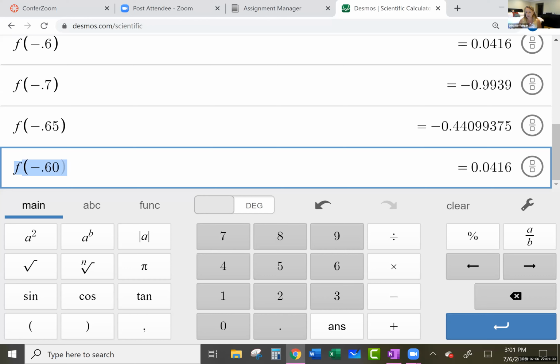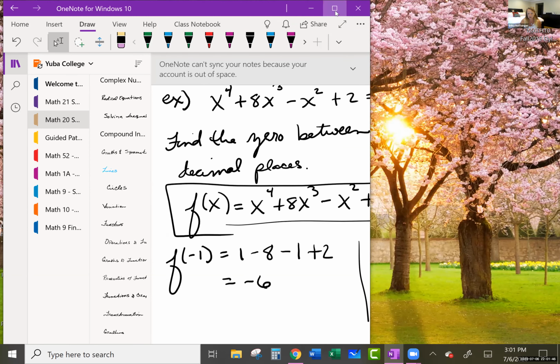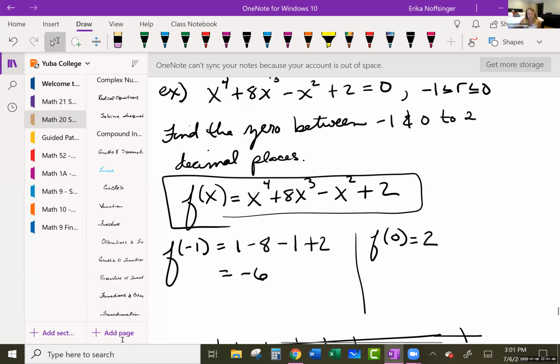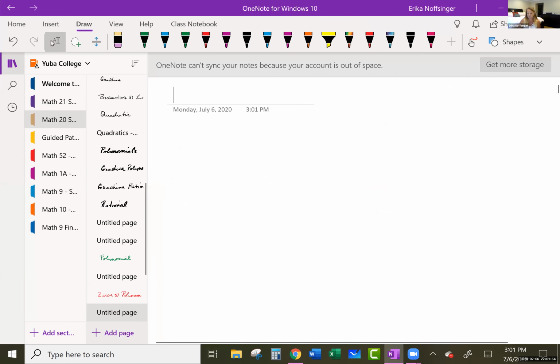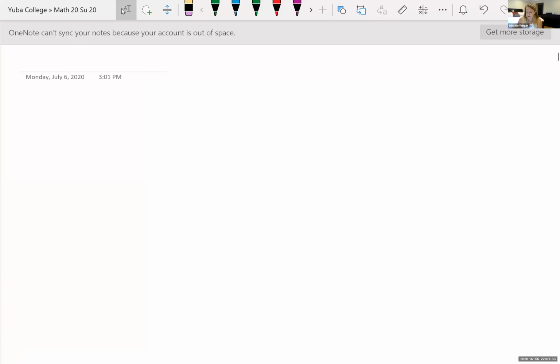So let's take what we've been doing with these polynomials and finding the zeros of a polynomial and put it all kind of together. So let's graph a polynomial.